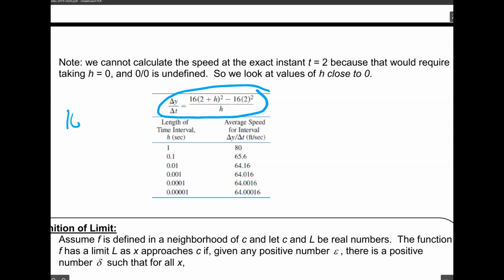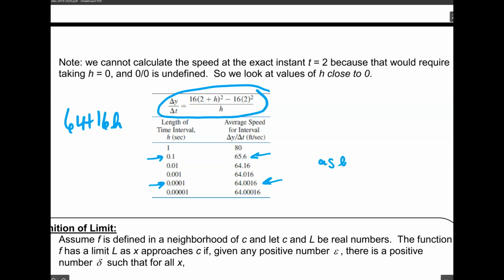So remember, we have 64 plus 16H. Just remember it was on the previous page. So as my H gets smaller and smaller, notice I'm getting closer and closer to 64.